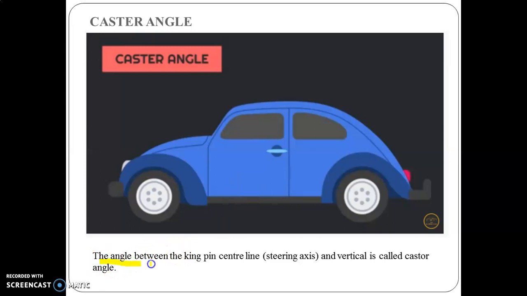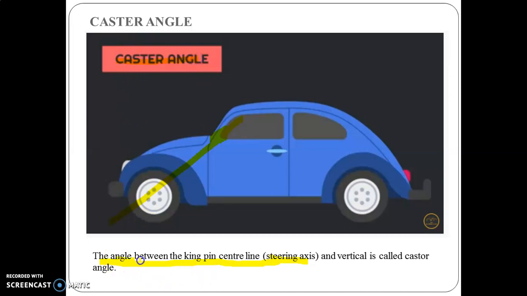So here the angle between the kingpin center line or steering axis, and somewhere here it is the steering, and the steering axis is like this. Accordingly we will discuss the caster angle.